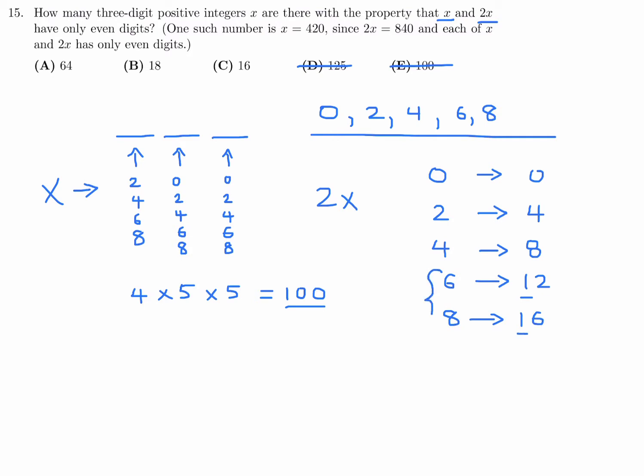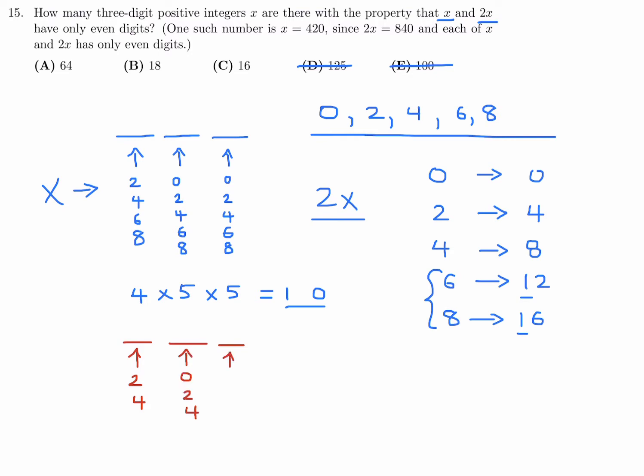So the 6 and 8 cannot be used when we take into consideration that 2x also has to have even digits. So that means if I have a 3-digit number, for the first digit, I can use only 2 or 4. 6 and 8 cannot be used. For the second digit, I can use 0, 2, or 4.